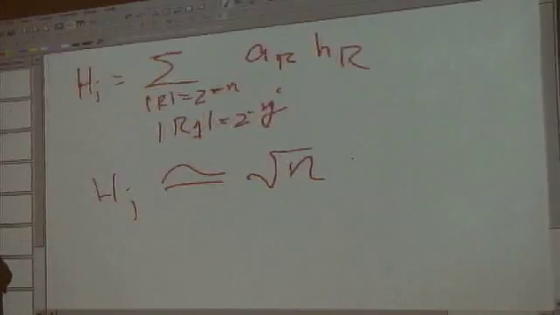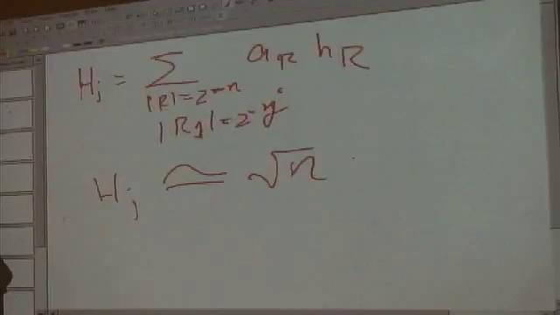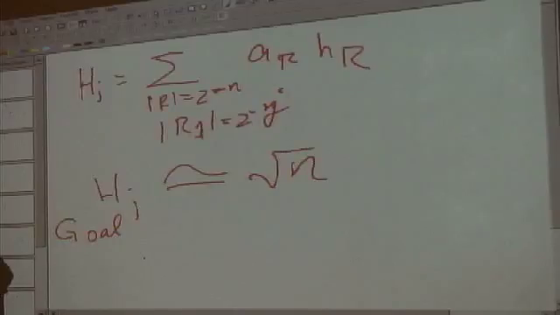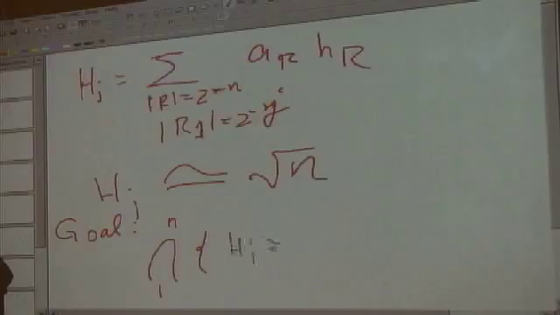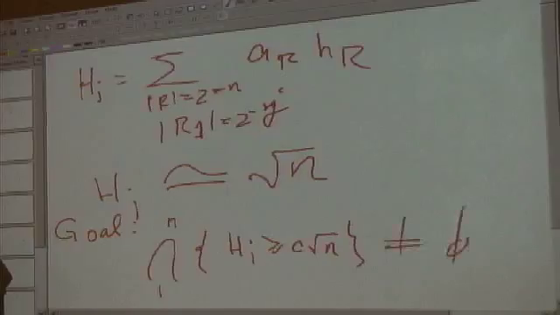So the goal, and this is where the hopelessly ambitious strategy is, is to show that the intersection from 1 to n of the sets where H_j is bigger than some constant times square root of n is not empty.